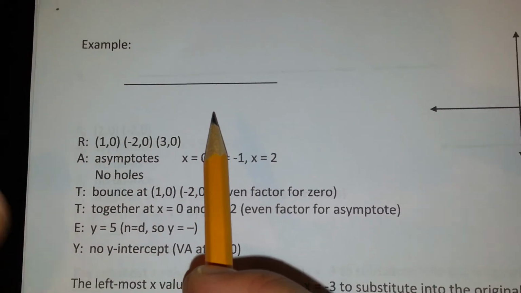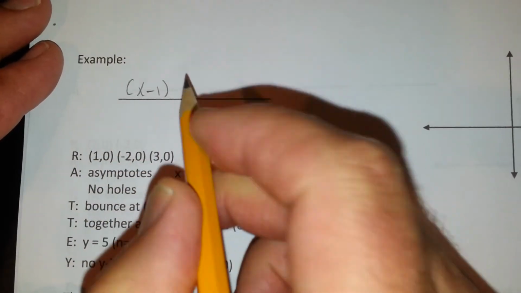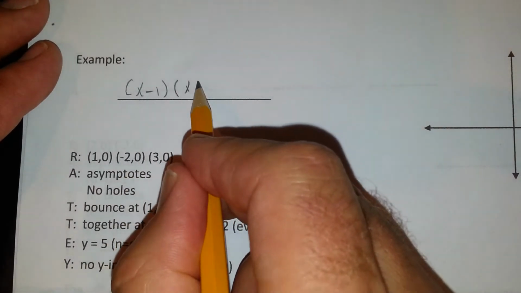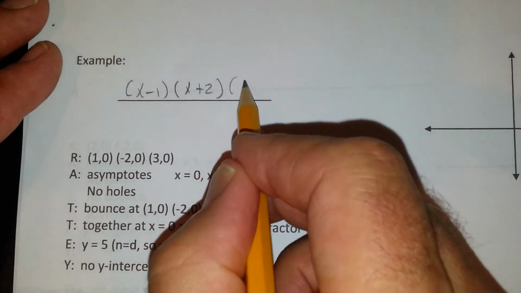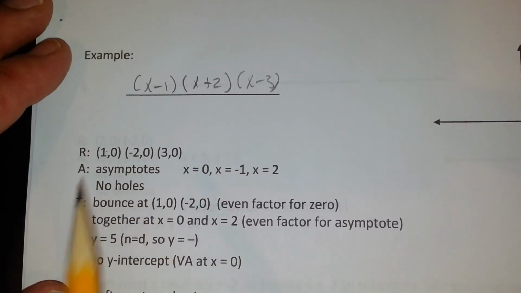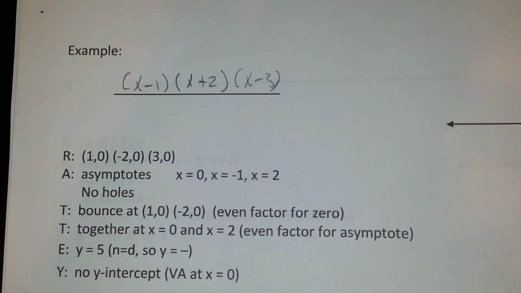In my numerator, remember we get our roots from the numerator. I will have x minus 1, x minus -2 is x plus 2, and then x minus 3, because there are my roots: 1, -2, and 3.